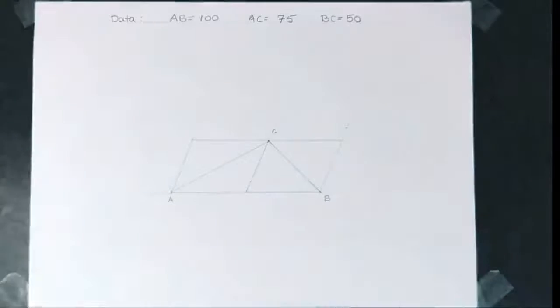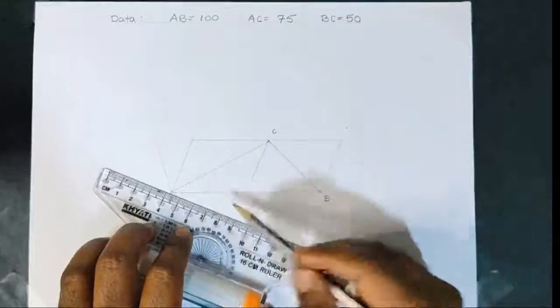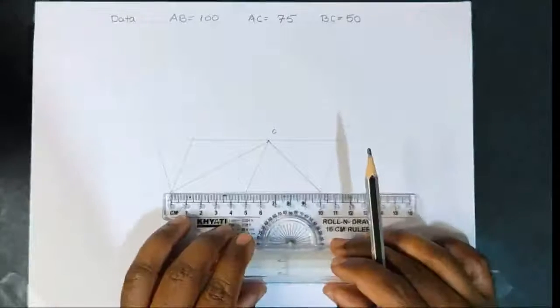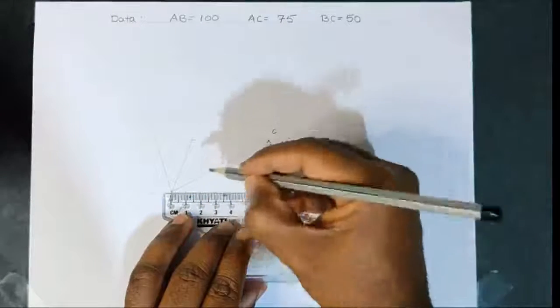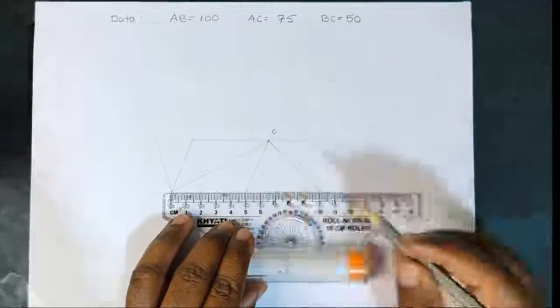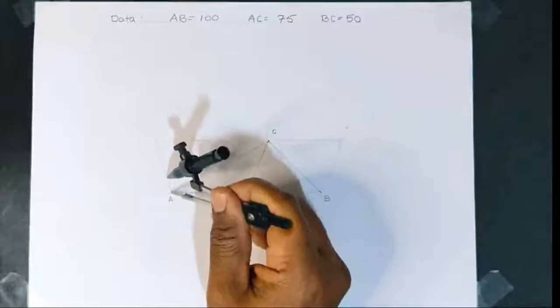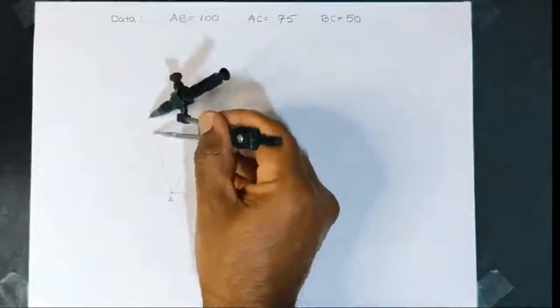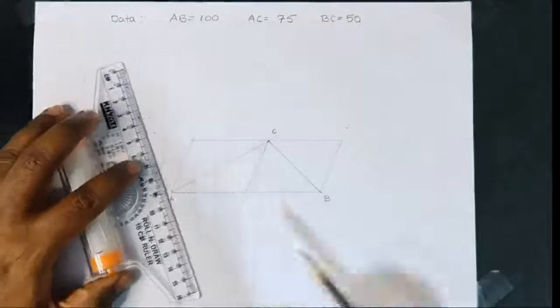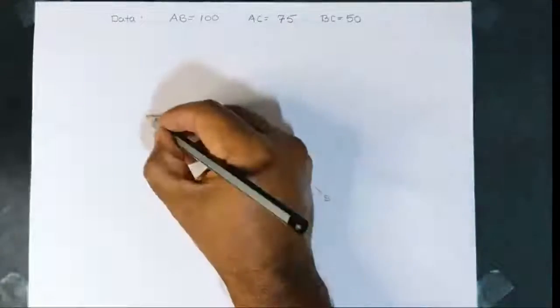I'll use half the parallelogram and divide the side of half the parallelogram into an equal number of parts. Since half the base length is 50, I can equally divide it into 5 equal parts, that is 10 mm each. Now I have to divide the inclined side of the parallelogram, so I use the acute angle construction.